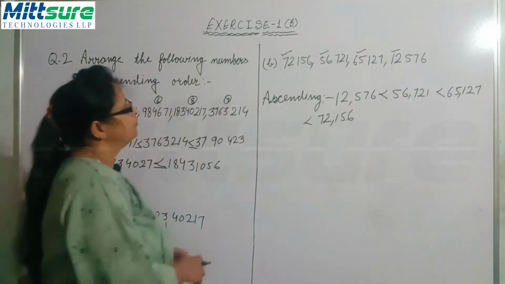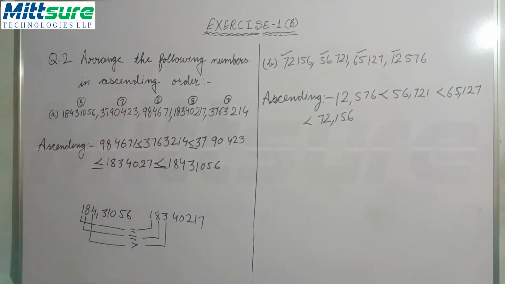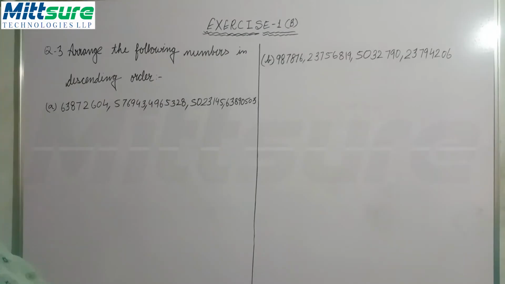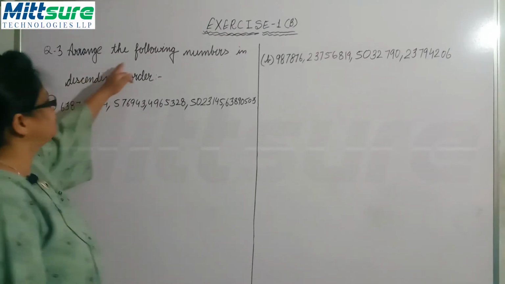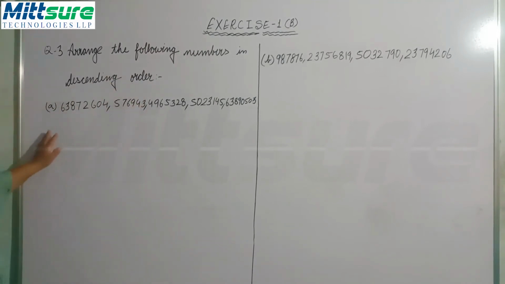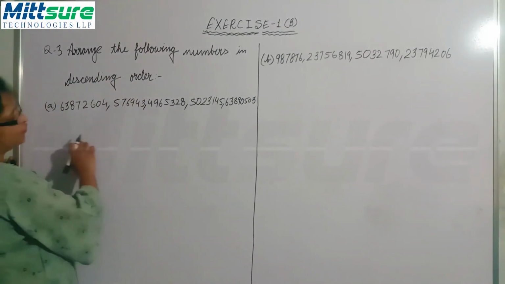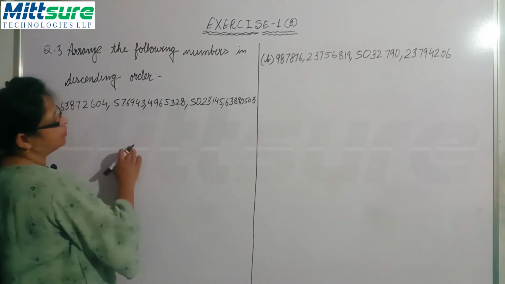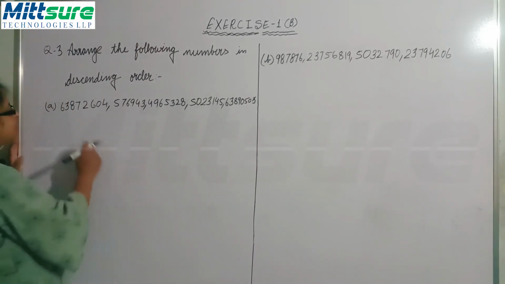Now we will go to the next question, question number 3. Arrange the following numbers in descending order. First we have to find how many digits each number has.